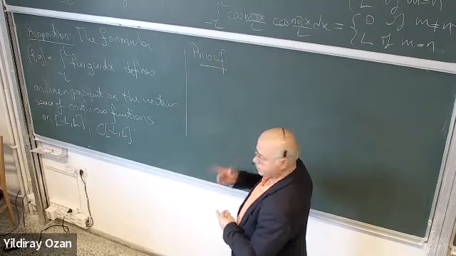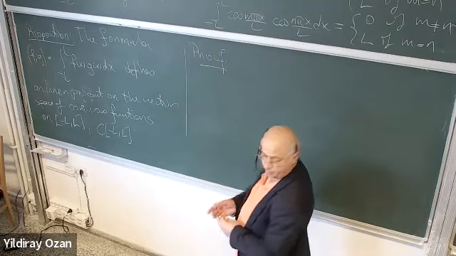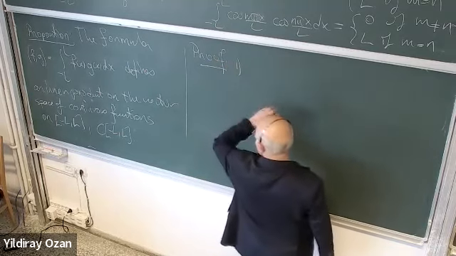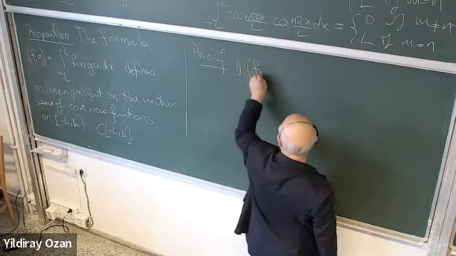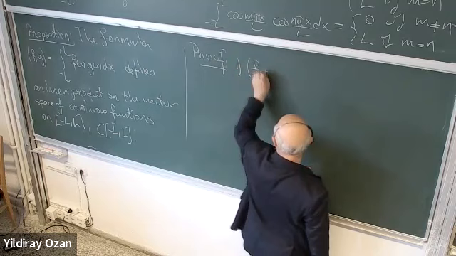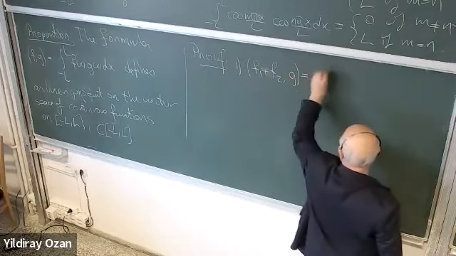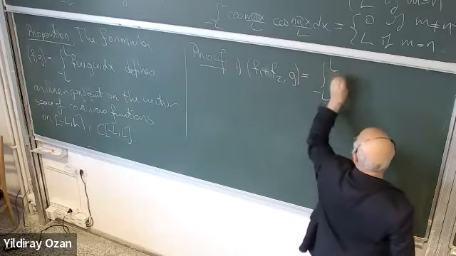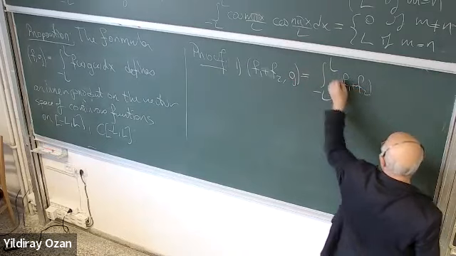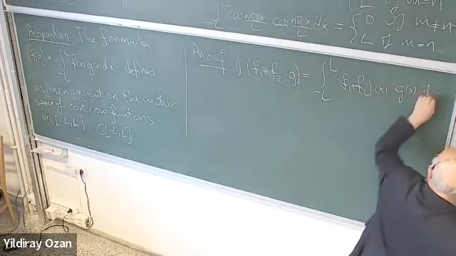It should be linear with respect to both components, and it should be positive definite. So linearity comes from this: (f1 plus f2, g) is what? Well, this is the integral from minus L to L of (f1 plus f2)(x) times g of x dx.